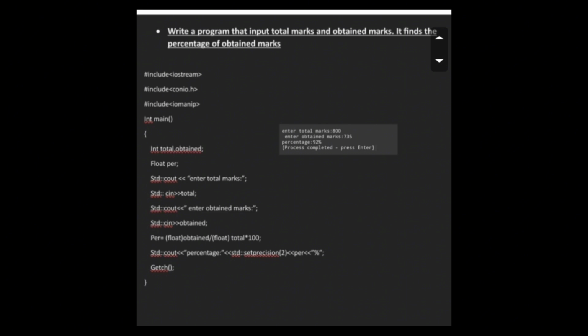As you can see clearly, percentage is equal to float obtained with the division operator and float total star 100. Float I have used here because the marks may be in points. Then I again used std cout for the display of the percentage. Then I closed the program, and in the output you can see the total marks, the obtained marks, and obviously the percentage.